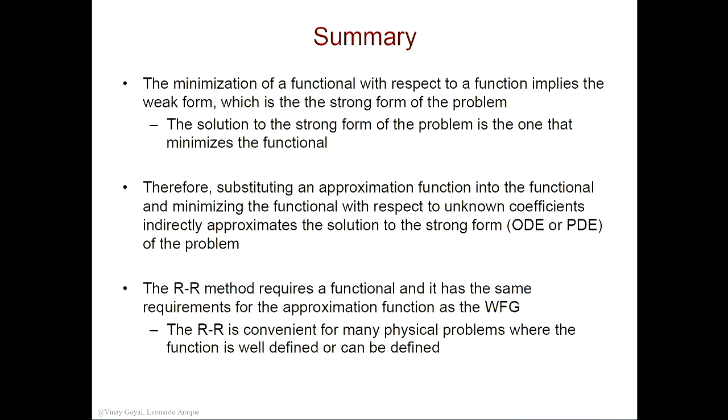But Rayleigh-Ritz requires a functional. That's the disadvantage. The advantage of the weak form is that I can just start with the partial differential equation or ordinary differential equation. I don't need to even know about the physics of the problem. I can start from the strong form, create the weak form from there, and then approximate the solution to the problem by creating a weighted residual.